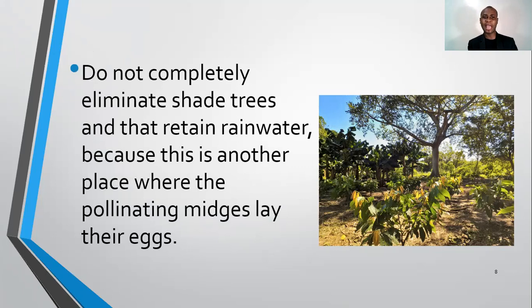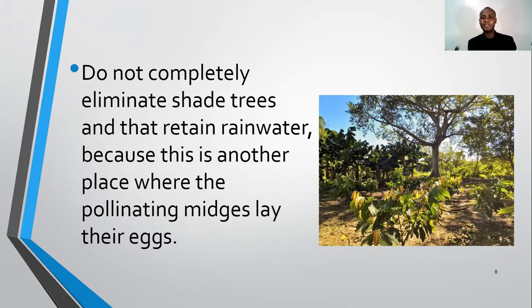Do not completely eliminate shade trees, and retain rainwater, because it is another place where pollinating midges lay their eggs. Earlier on, I mentioned that you can make some trenches in the farm, put plastic inside, and then put water in those trenches.